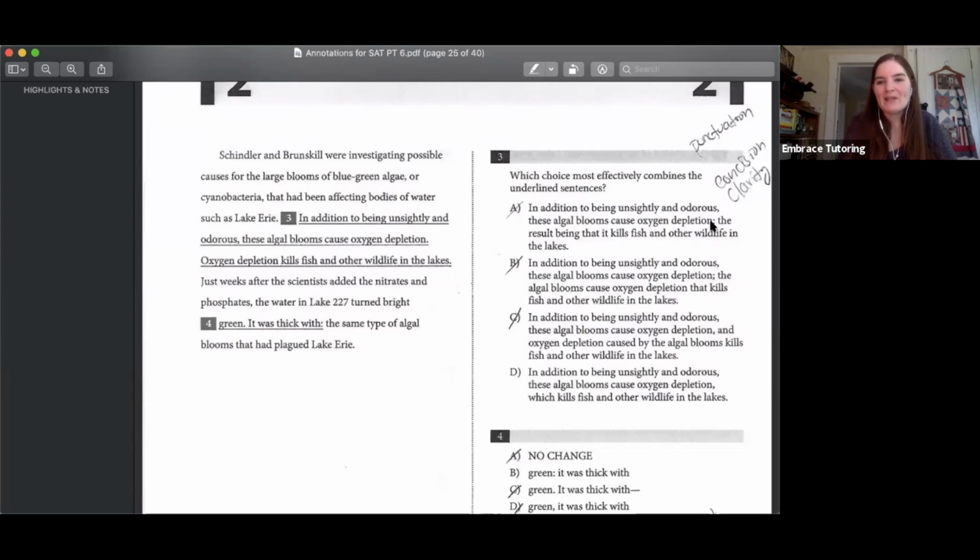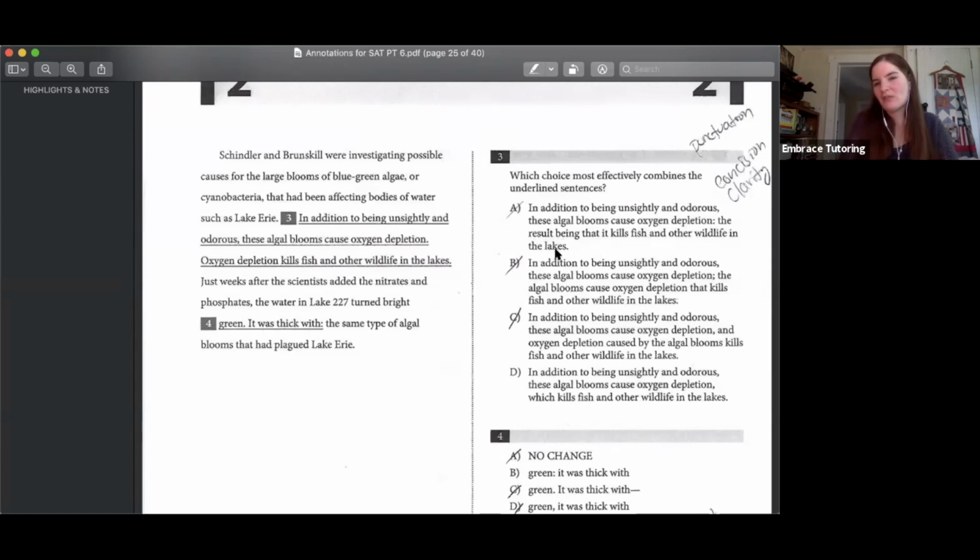Choice A is an incorrect usage of a colon because you have two different, because of the way they break it down is that they have, in addition to being unsightly and odorous, these algal blooms cause oxygen depletion, the result being that it kills fish and other wildlife in the lakes. That's actually incorrect.